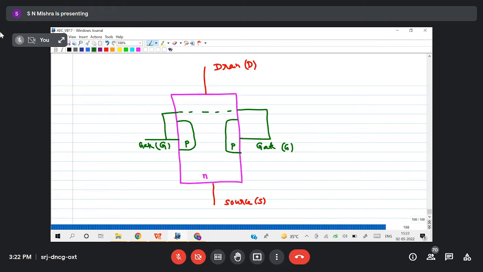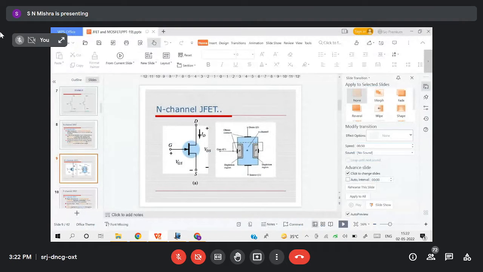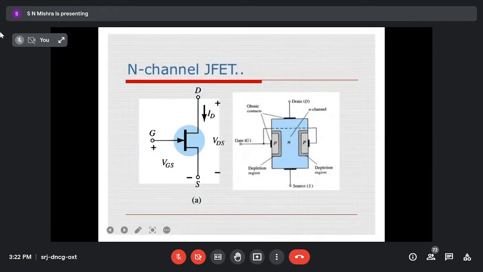You can also take it horizontally, no problem, but the logic will remain the same. See here, in this figure, the entire thing is N-type material, and these are the gates, which are P-type material, then source and drain. Clear? Yes, sir. Now we will go a little bit deeper.